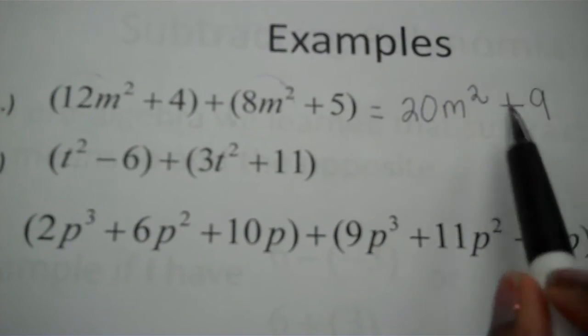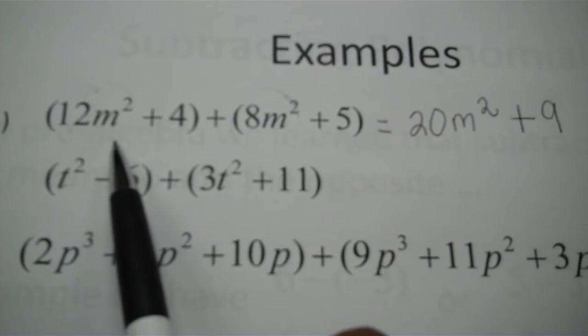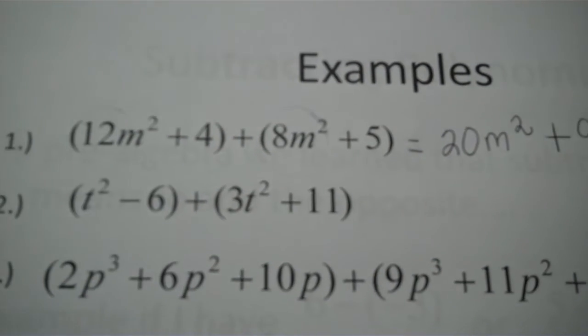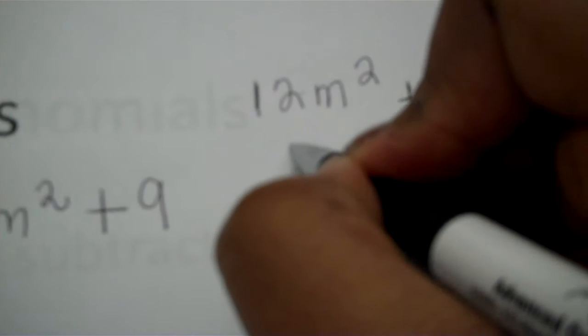Really simple. Vertical is just as simple. It's just all on how you like to view things. I prefer vertical because I like to solve equations vertically. Vertically, I'm simply going to take the first expression, 12m squared plus 4. And on the bottom of that, I'm going to line up the like terms, 8m squared plus 5.